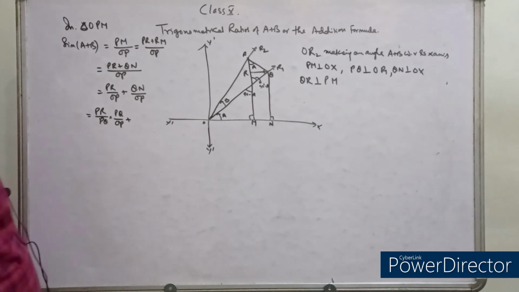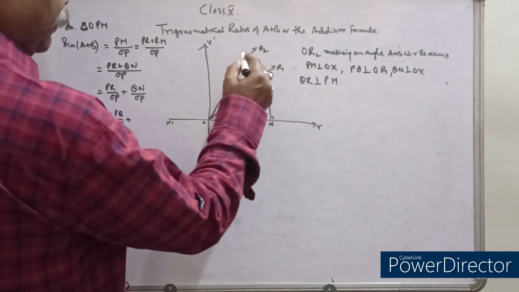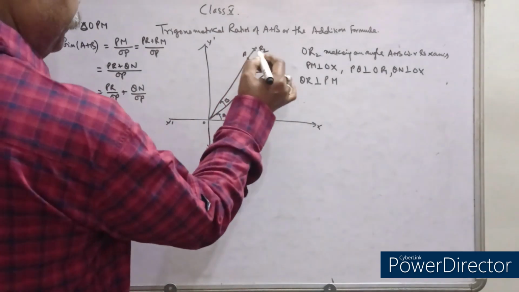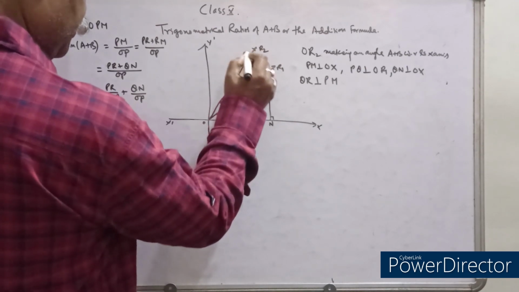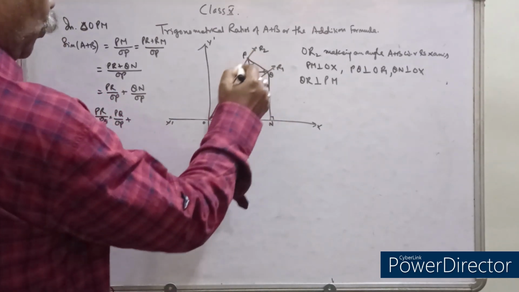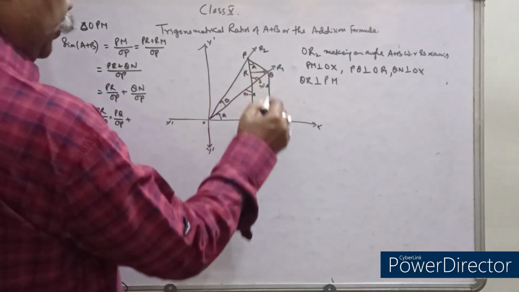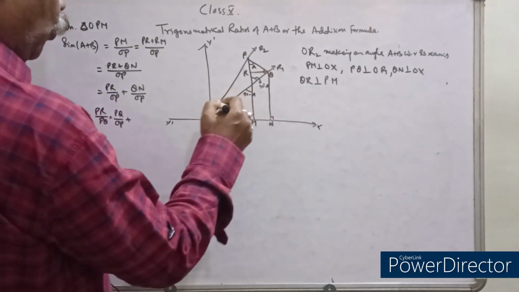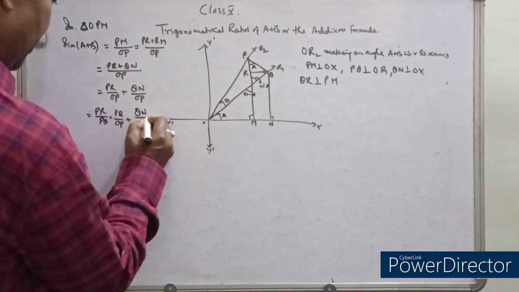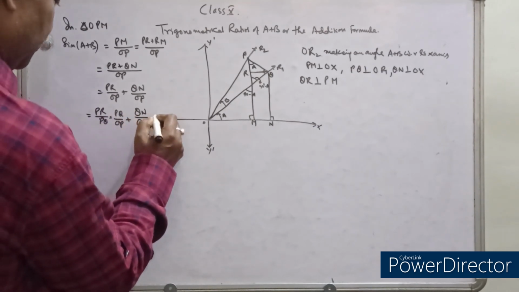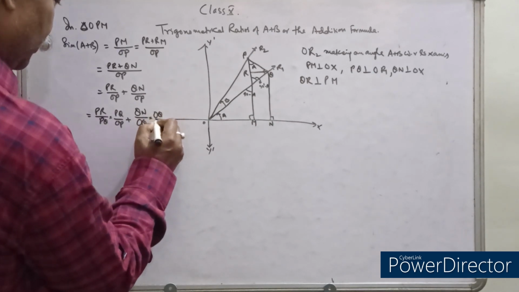Next, QN and OP. I will link it with OQ. So QN by OQ into OQ by OP.